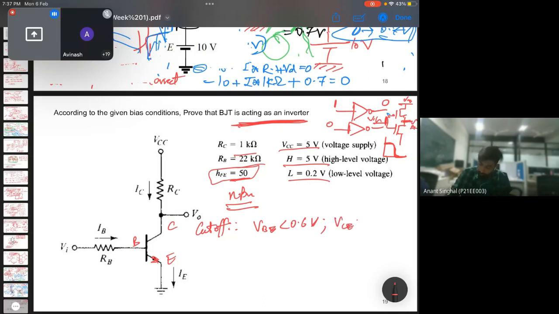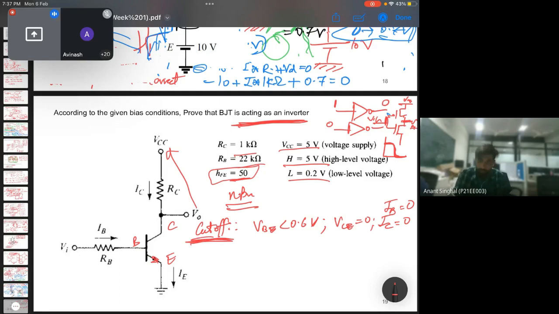So there will be no current. Whatever this V0 is, it will go to VCC, and there will be no collector current or base current when the NPN transistor is in cutoff.